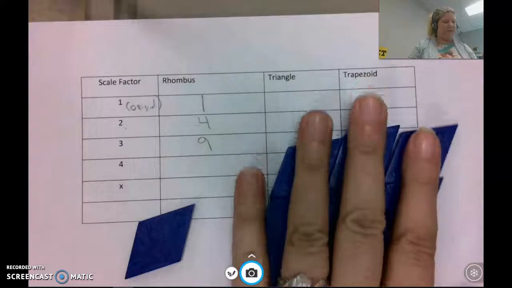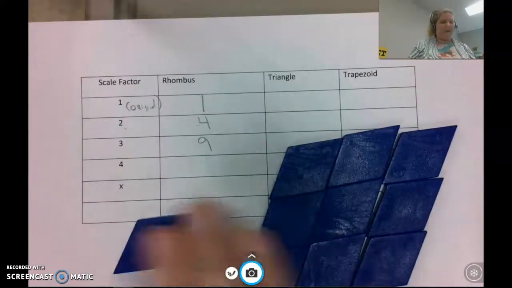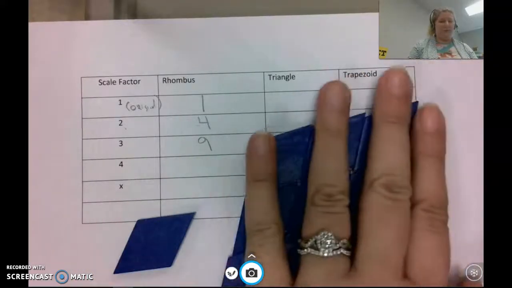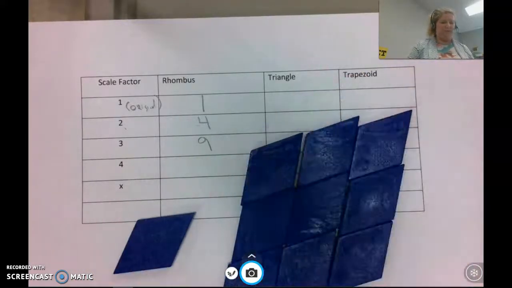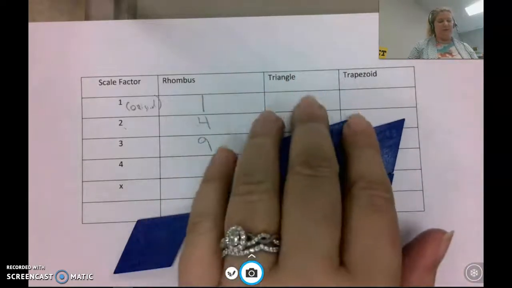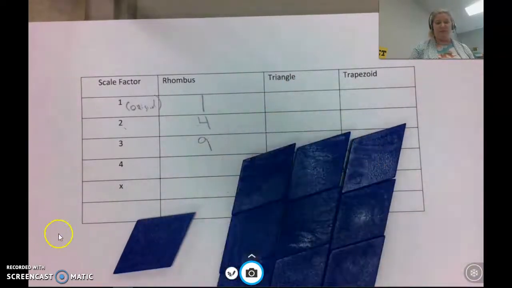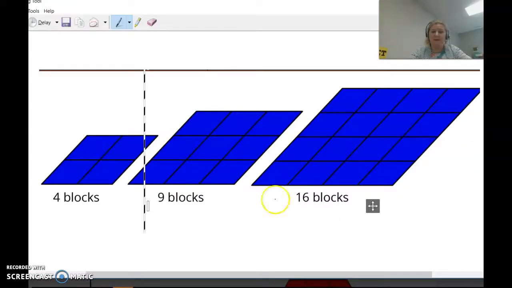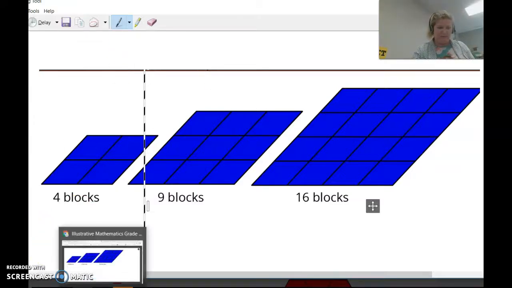If I took my original figure and made a new figure that was scaled up 4 times, then what would the area of the new figure be? So hopefully you came up with 16 blocks for a figure that was scaled using a factor of 4.